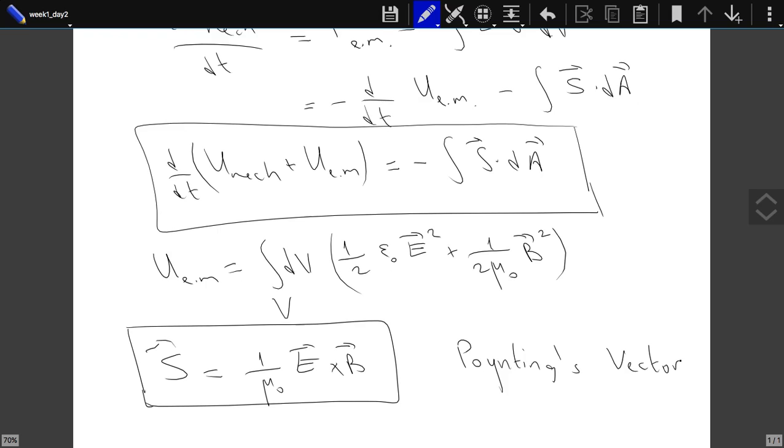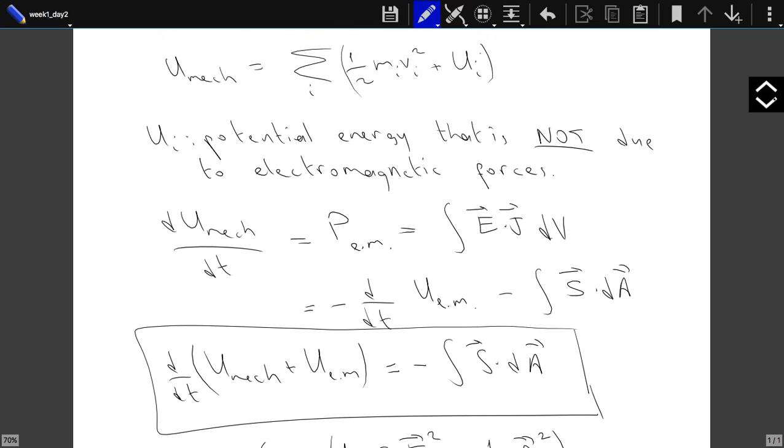We already know from the mechanics courses what the mechanical energy of point objects is. We started from something we know, and we looked at how that changes. And then, starting from that, we obtained a relation which was, again, the time change of something else and some surface integral.